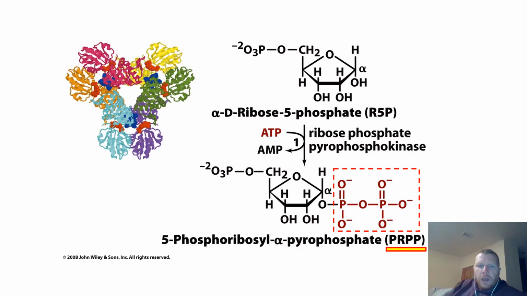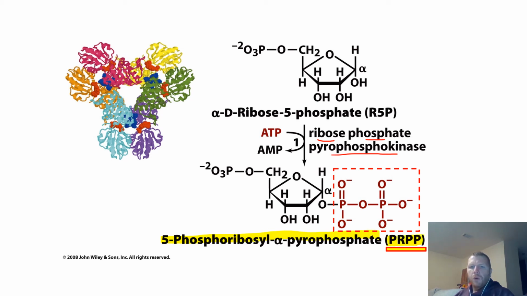Now the first reaction in all of this that we really need to be familiar with is this reaction that takes alpha-D-ribose 5-phosphate, R5P, and phosphorylates it with the enzyme ribose phosphate pyrophosphokinase. Now one thing that's important to note is we're making, first of all, which I'm going to highlight, this molecule, 5-phosphoribosyl alpha pyrophosphate, also known as PRPP.